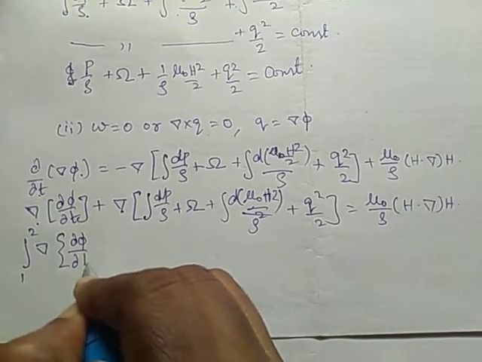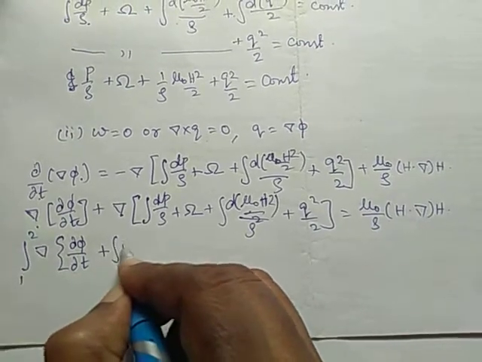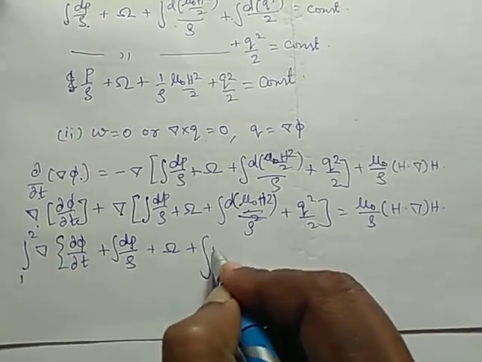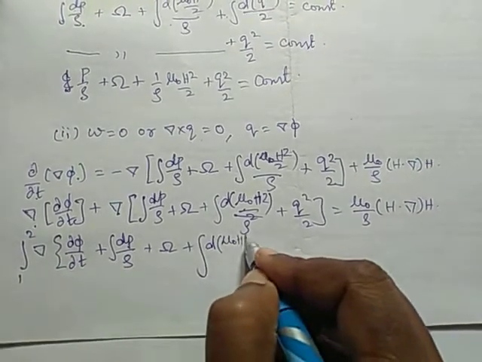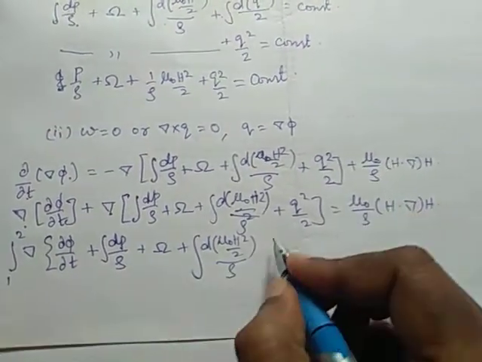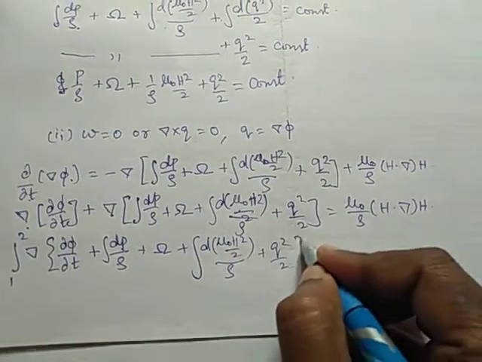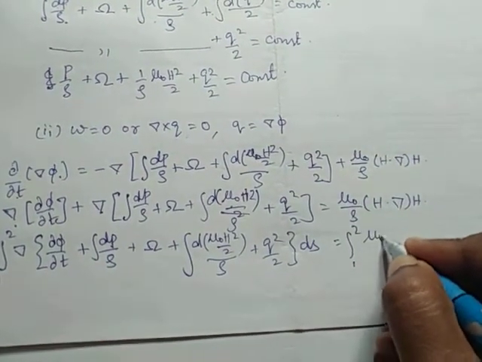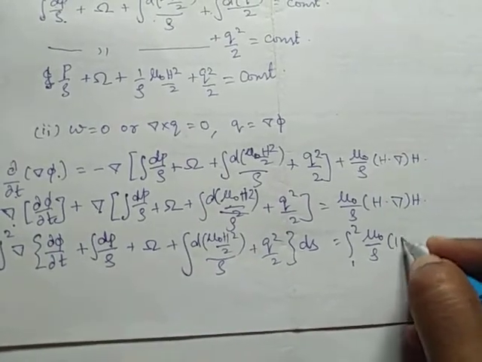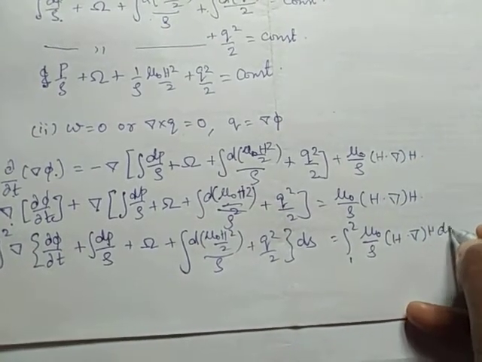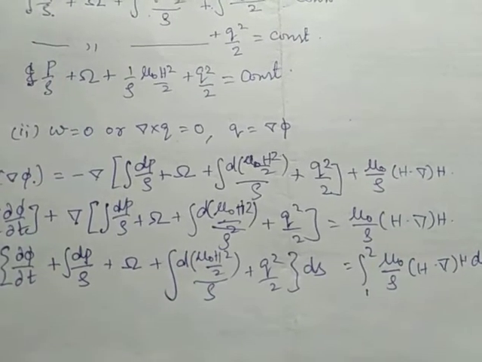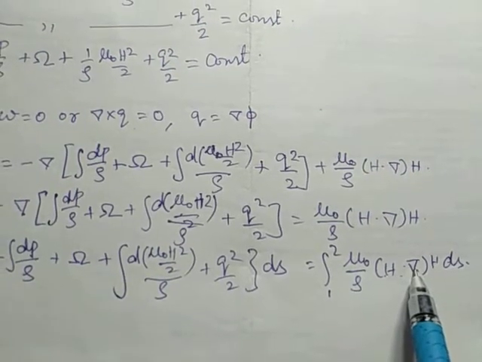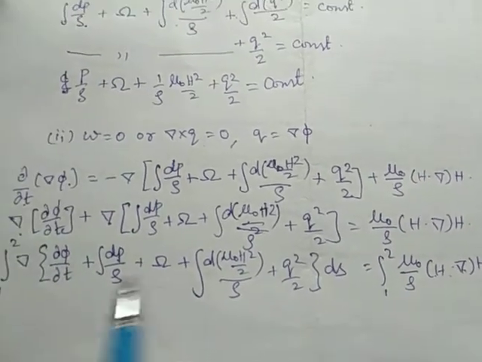Dou phi by dou t plus integral of dp by rho plus omega plus integral of d mu naught h square by 2 by rho plus q square by 2, and the integration is with respect to s, equal to integral of mu naught by rho h dot del h into ds. Again, until and unless h dot del h is 0, it is not possible to integrate this equation.